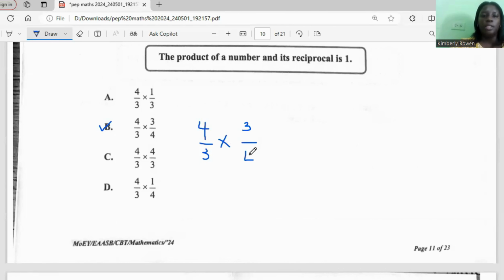We realize the numerator and the denominators have the same numbers, they're only in different places. So 4 times 3 is 12, and 3 times 4 is 12, and 12 over 12. 12 goes into 12 one time. So that's correct.